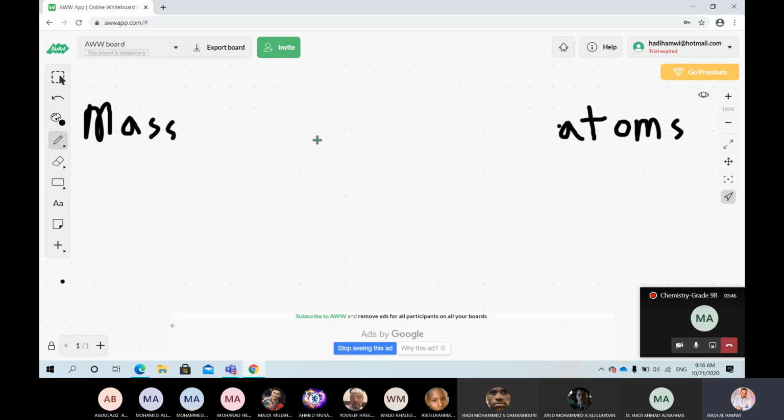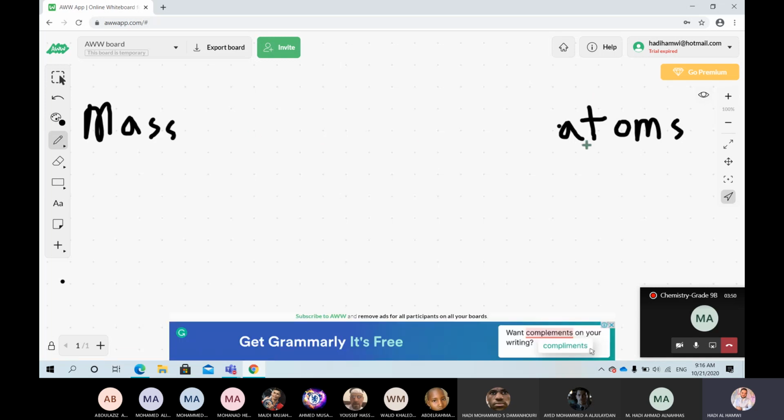How can I convert? There is no direct relation between mass and atoms. So first of all, I should convert from mass to moles, then from moles to atoms.